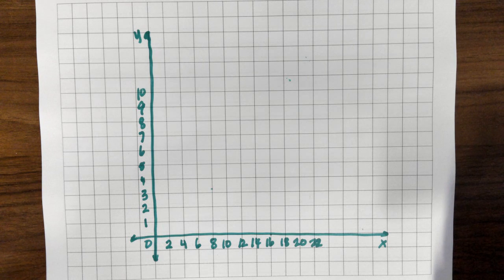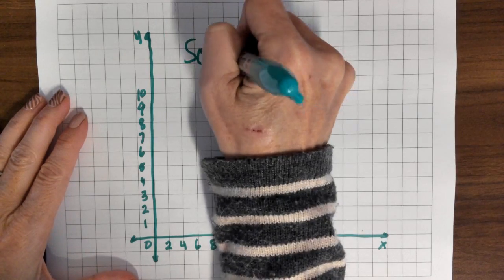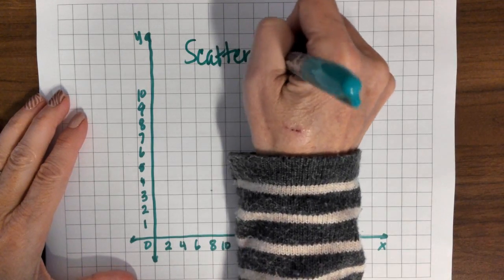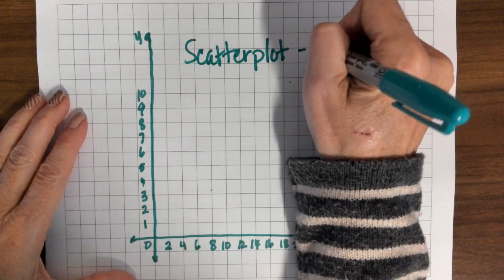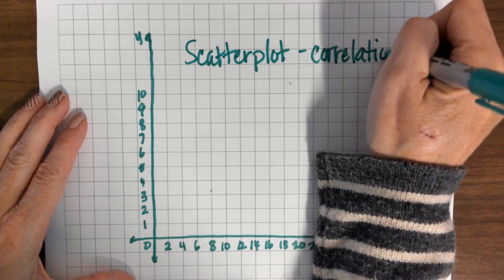So if you're not sure about scatter plots, they use a coordinate grid to compare 2 types of data. So let's say we were trying to decide if 2 things were related. We would use a scatter plot to decide, is there any correlation between the 2 points? So they're looking for a correlation.